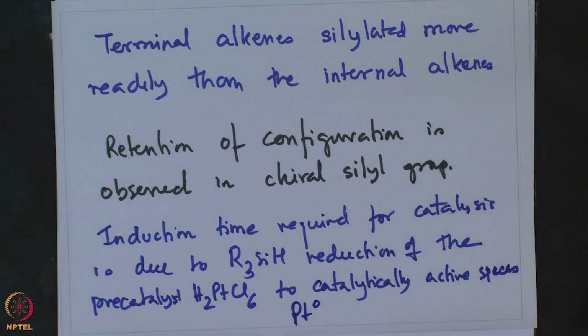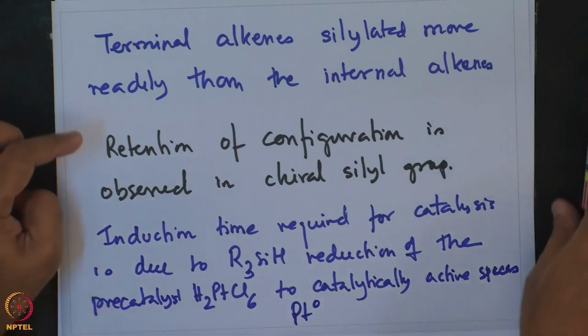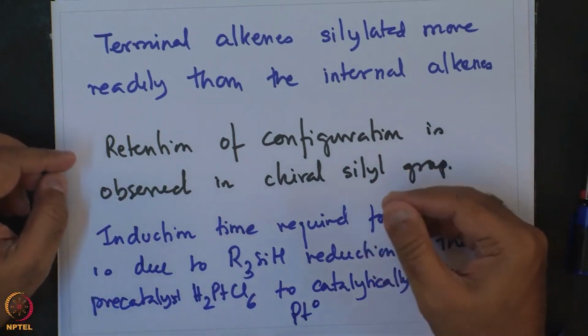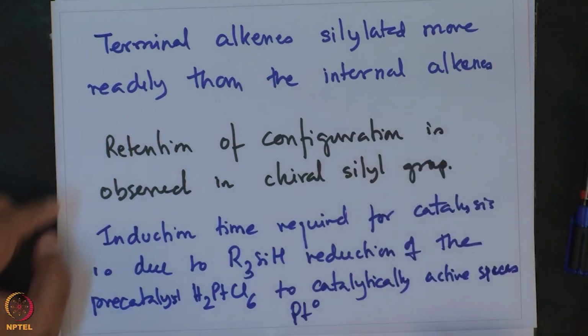So, this is an interesting observation that this hydrosilylation using Speier catalyst, H2PtCl6·6H2O, does not really initiate right from the start.